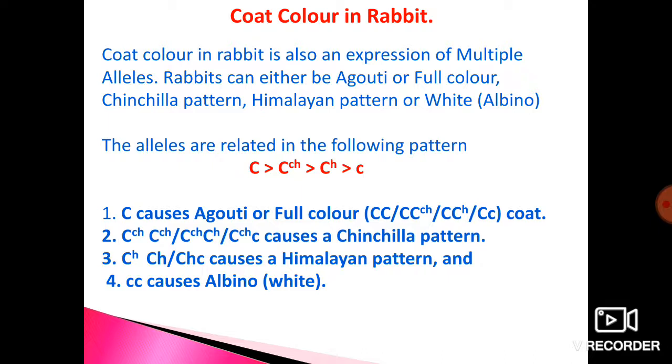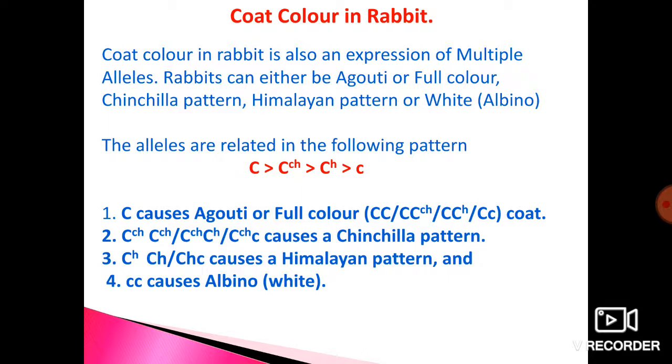It could be capital C capital C, homozygous dominant, so it will be agouti. It could be capital C and capital C^ch. Since C^ch is recessive to capital C, again it will be full color. It could be capital C and C^h, again the same follows, it will be agouti.